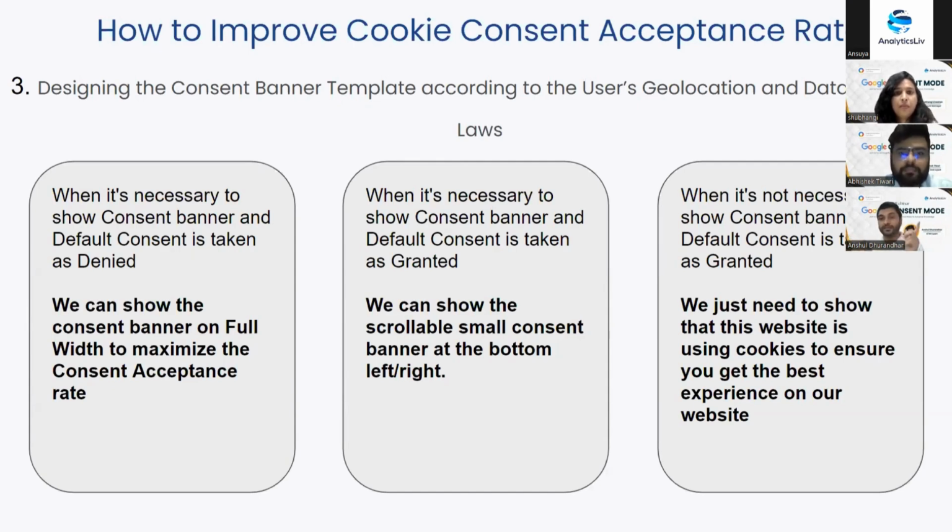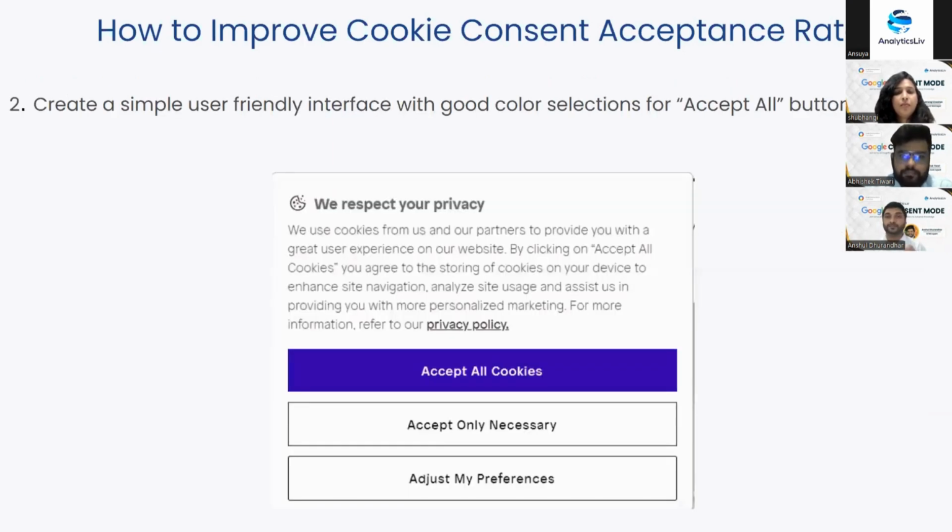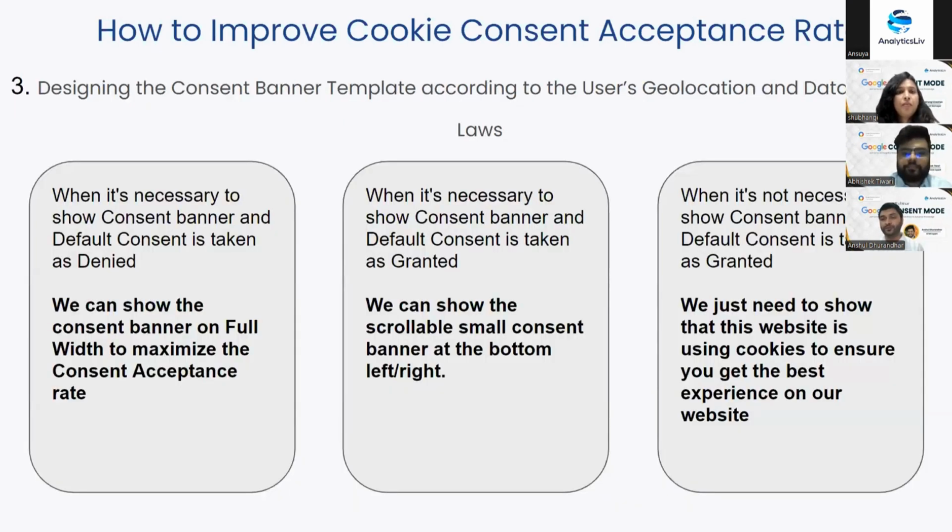For the first area, which is GDPR and the EU, where the law is very strict, we have to follow that law. So we have to show the full banner like this one, where they can accept the cookies, accept only necessary cookies, adjust their preferences, or deny, like no, I don't want to give my data to analytics cookies, or I don't want to generate marketing cookies. So that's area number one.